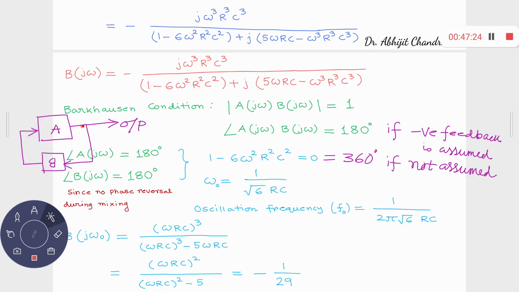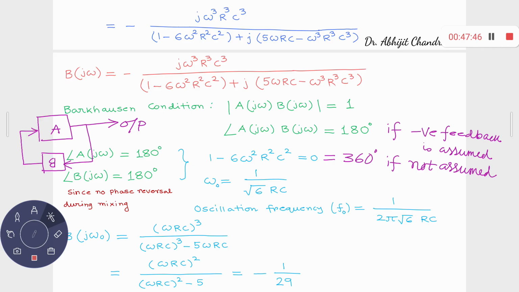So you should expect that from here to here, there should be another 180 degrees, so that the overall is 360. But if it is fed in the opposite phase, in that case, how much do you require from here to here?